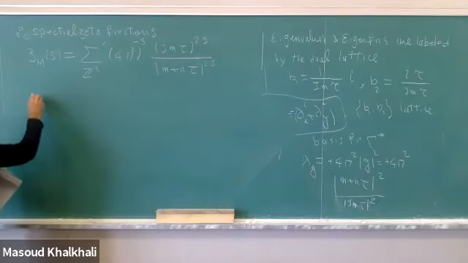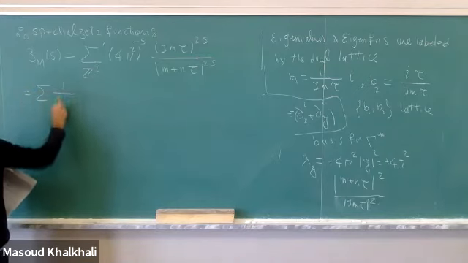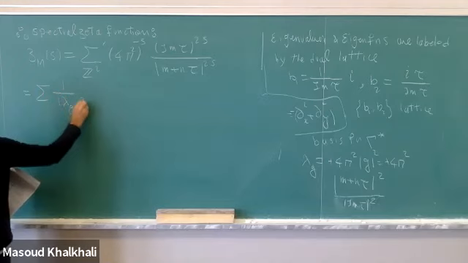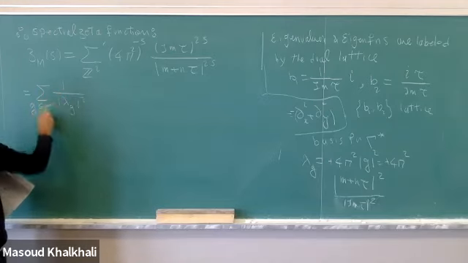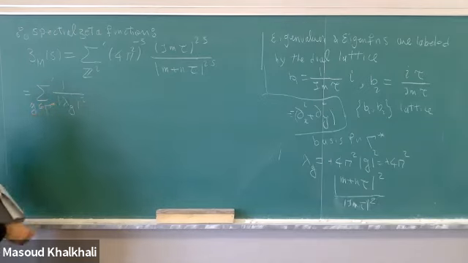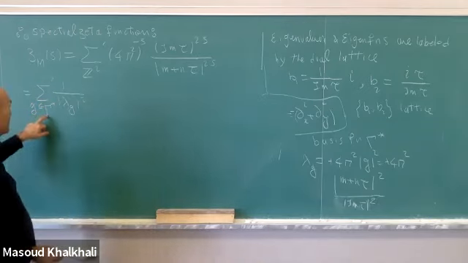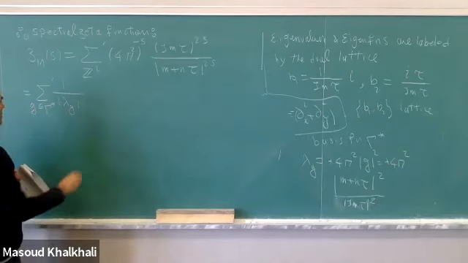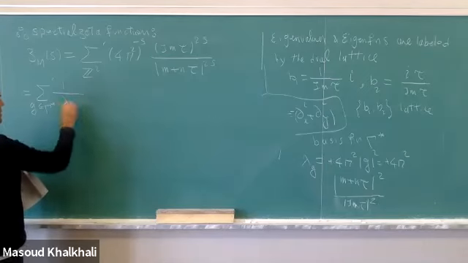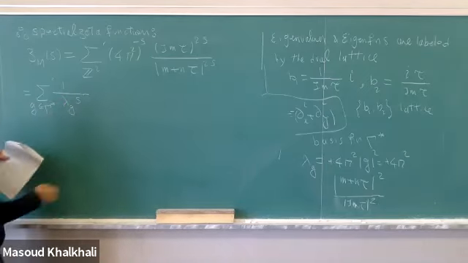What is this? This is basically the sum of 1 over lambda_g to the s, for g belonging to gamma star, the eigenvalue that corresponds to the point in the dual lattice. That's the spectral zeta function.